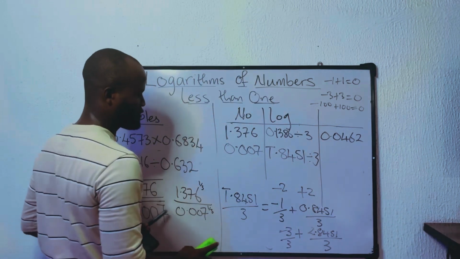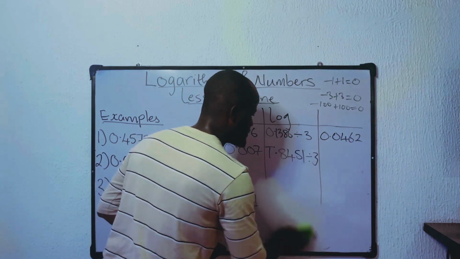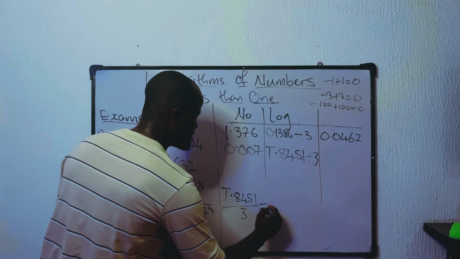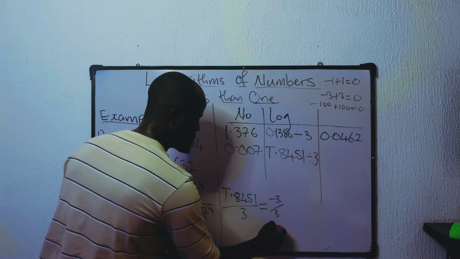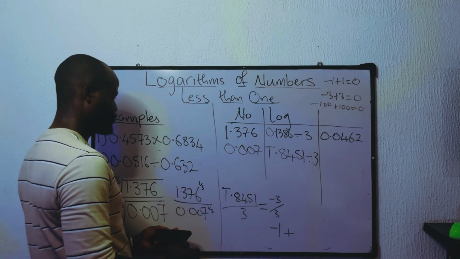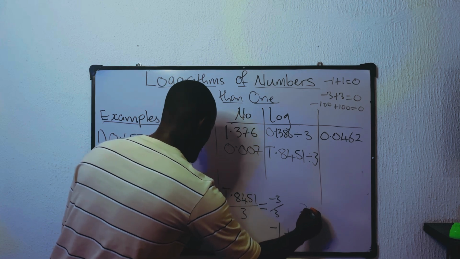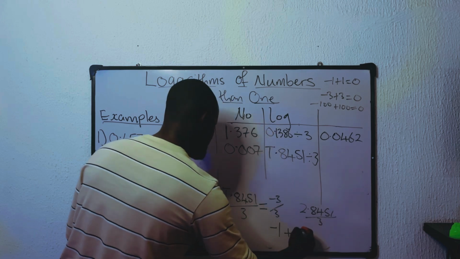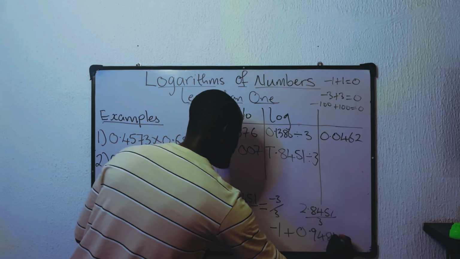Remember, this is simply our rough work. So we have this to be, so you have your bar 3 over 3, that is 1, that's minus 1, plus 2.8451 over 3 gives you 0.9484.